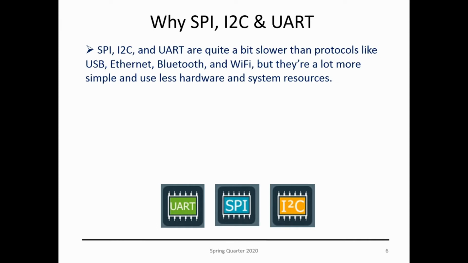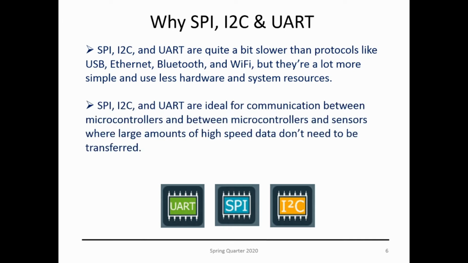Well, they're quite a bit slower than protocols like USB or Bluetooth or Wi-Fi, but they are a lot more simple and use less hardware or less resources than the other ones. And they are ideal for communications between microcontrollers and sensors where you don't have a large amount of high-speed data that needs to be transferred. So why are we using USB or Wi-Fi for a small amount of data?